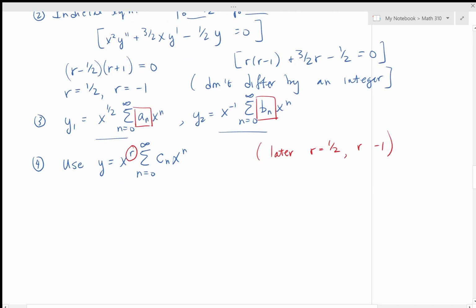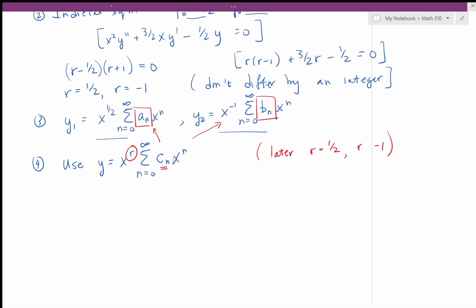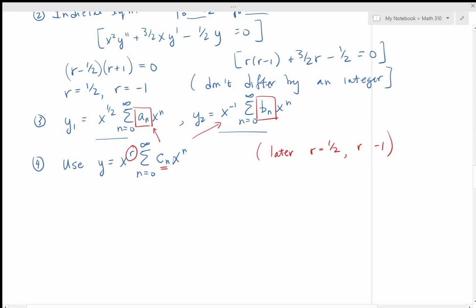I'm changing this to c so that when r is a half, it's going to be the a's, and when r is minus 1, it's going to be the b's. We're going to call it c so we can distinguish between the two of them. Now I'm going to move this x to the r inside.